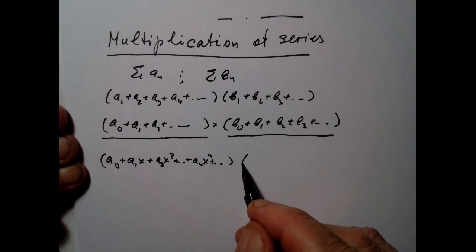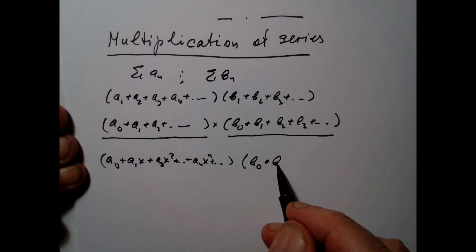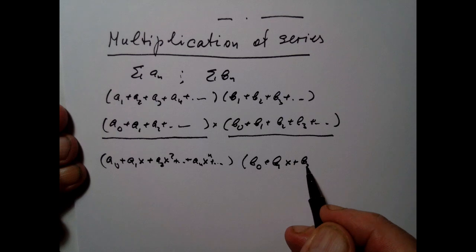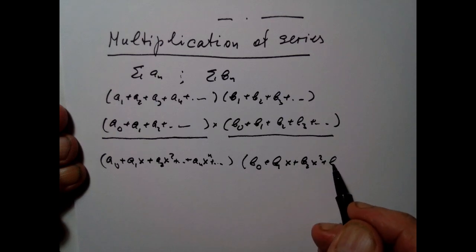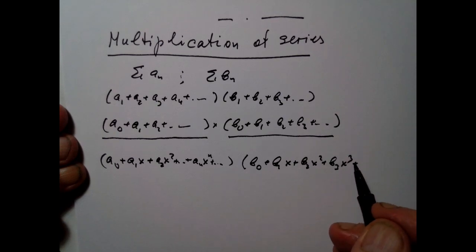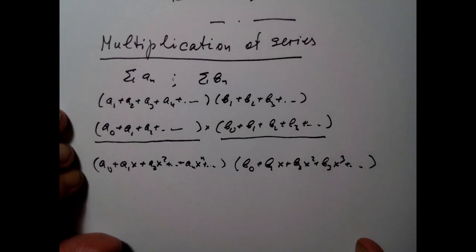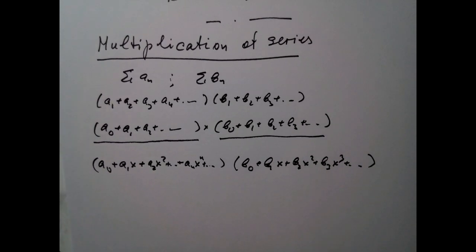And I'm going to multiply it by b0 plus b1x plus b2x squared plus b3x cubed plus etc. And again, if x is equal to 1, then the series that I see in here are exactly the same as the series that I see in here.